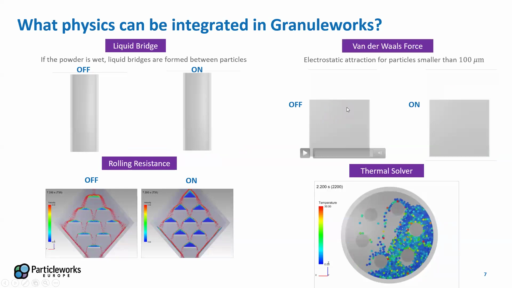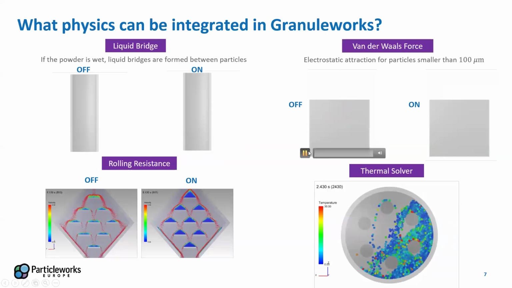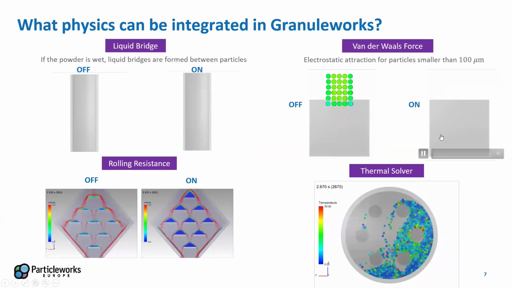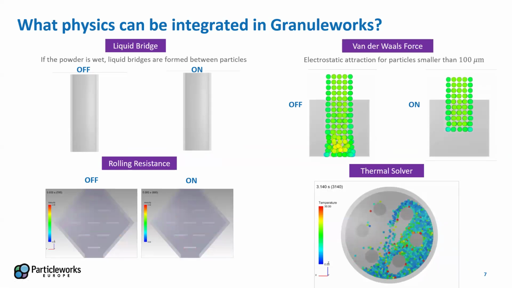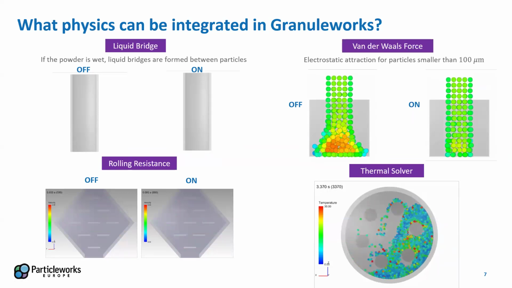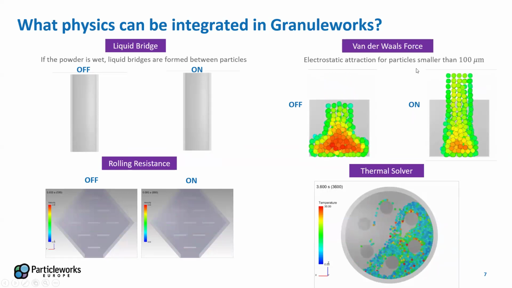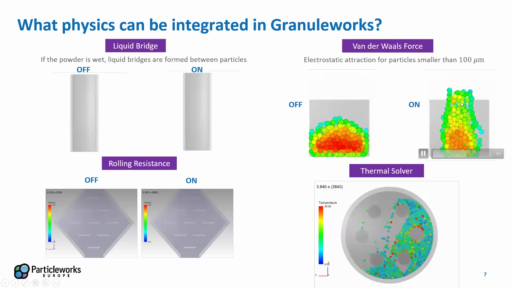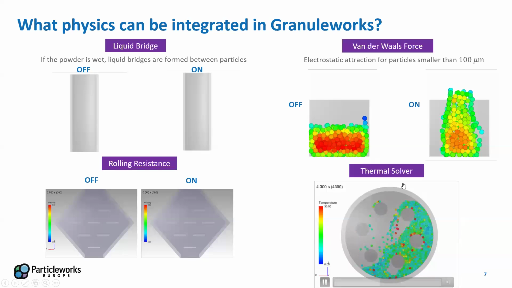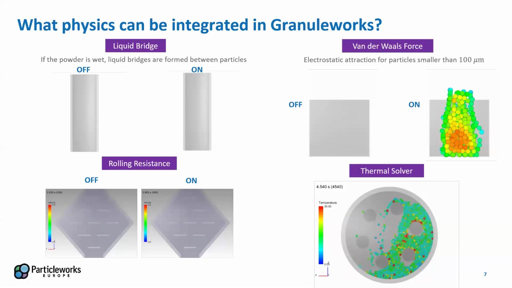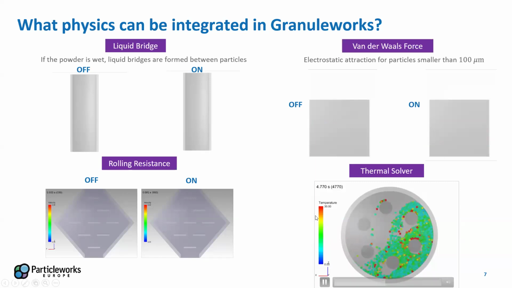Van der Waals forces can also be integrated, so basically for very small particles we start to have electrostatic attraction, and that results in more adhesion. So as you can see, when the van der Waals force model is integrated, particles, especially small particles, act in a different way. And we have also a thermal solver to see how the temperature of the powder is influenced by the boundary condition of the system.